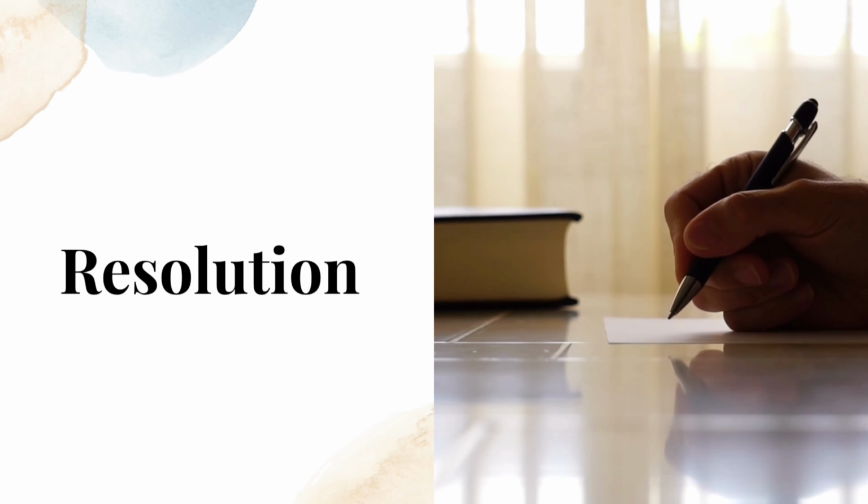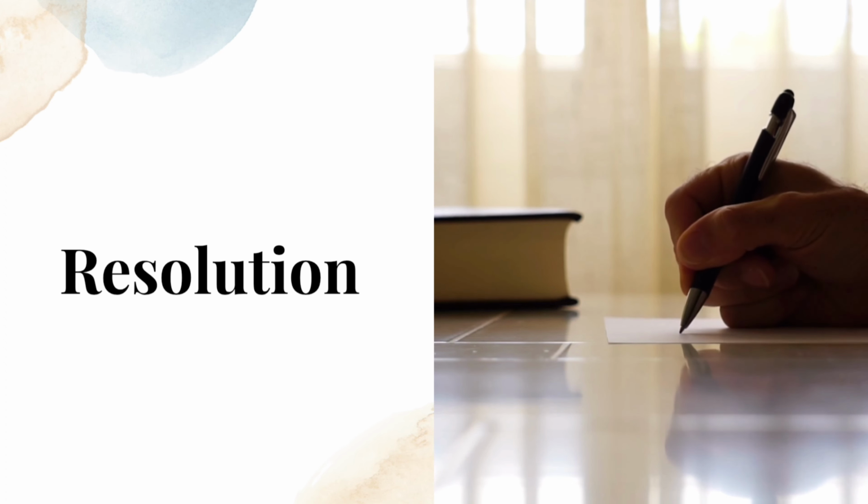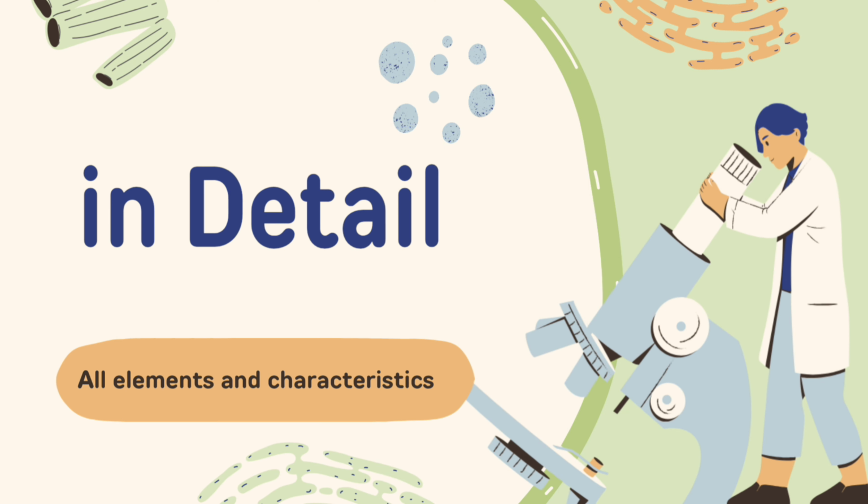And finally, the resolution. It answers all the key questions of the film. However, some sub-questions may remain unanswered, leading to an open ending. All right. Now let me break down each of these elements in detail.